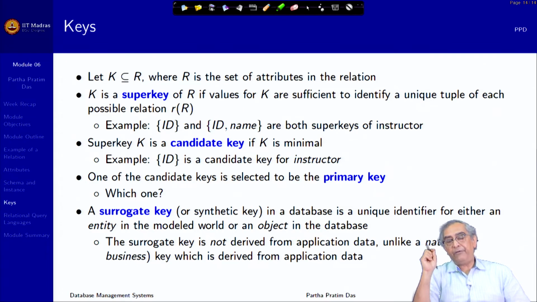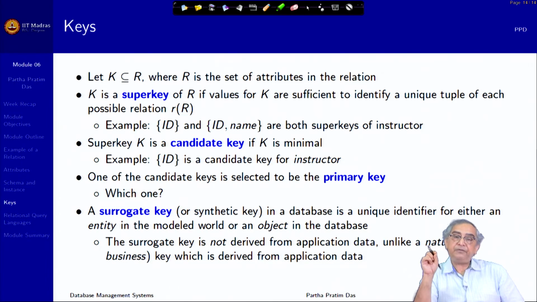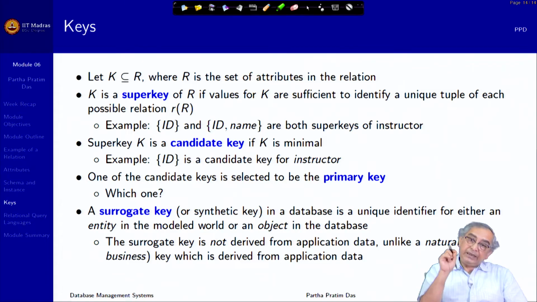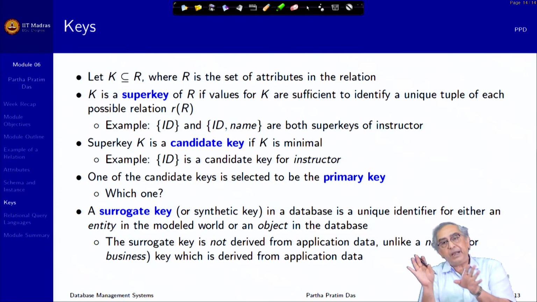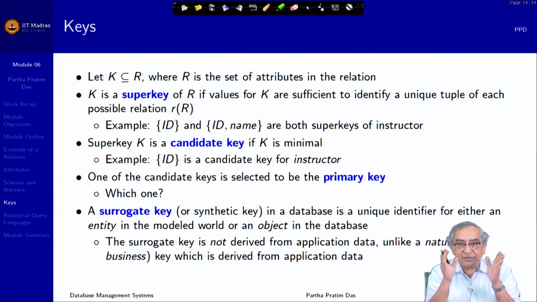So, in a way, roll number or ID are also synthetically created, but they uniquely identify a unique entity in the world, whereas an order number is synthetically created to uniquify an otherwise indistinguishable entity like an order. That is the difference. So, order number becomes a surrogate key or a synthetic key.